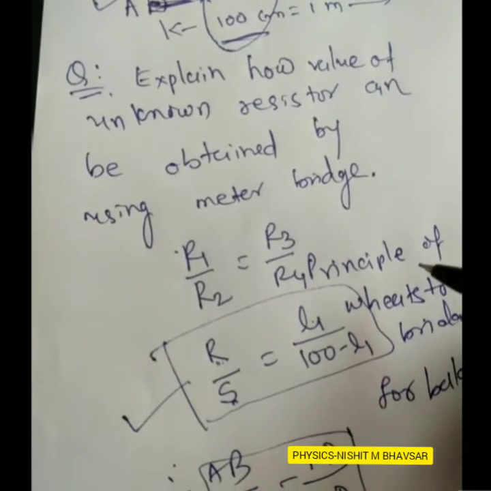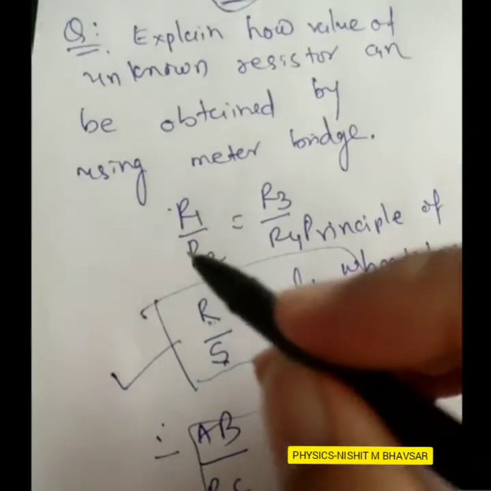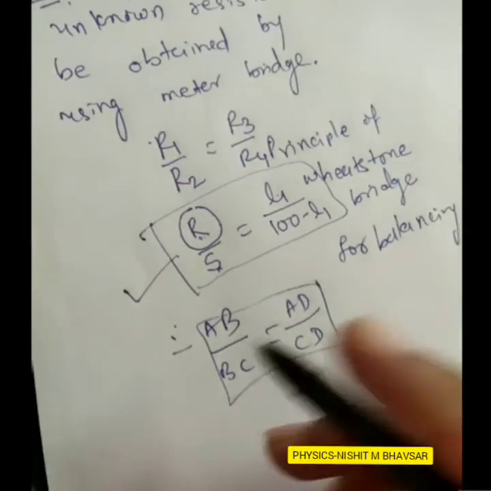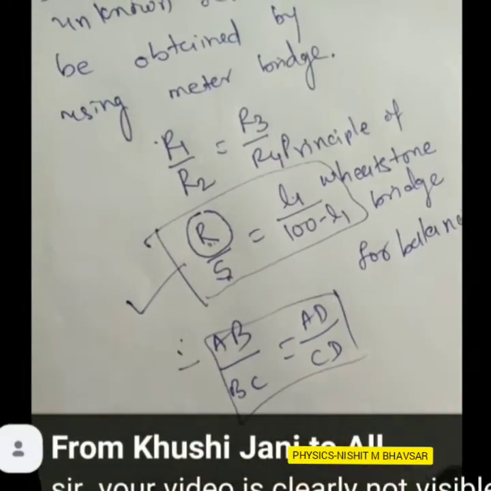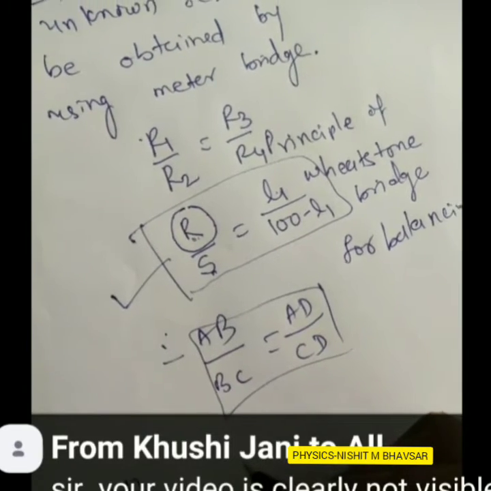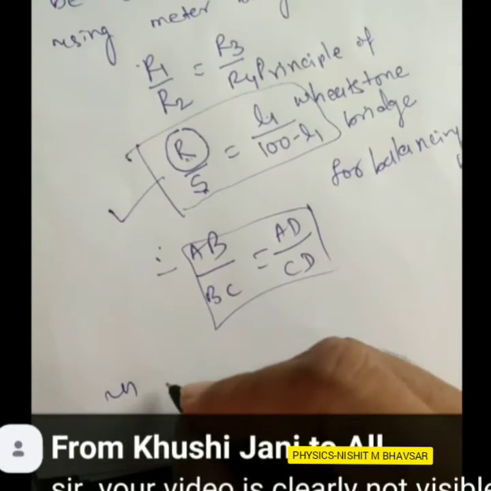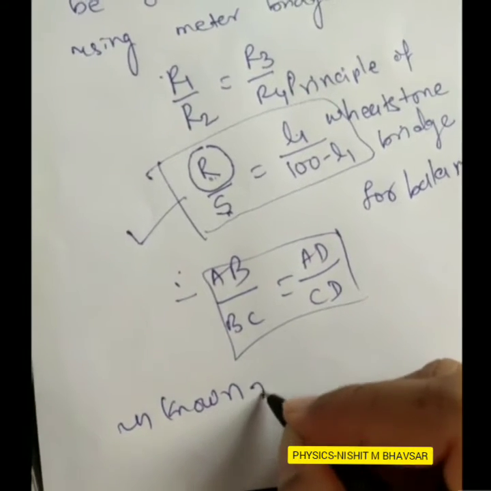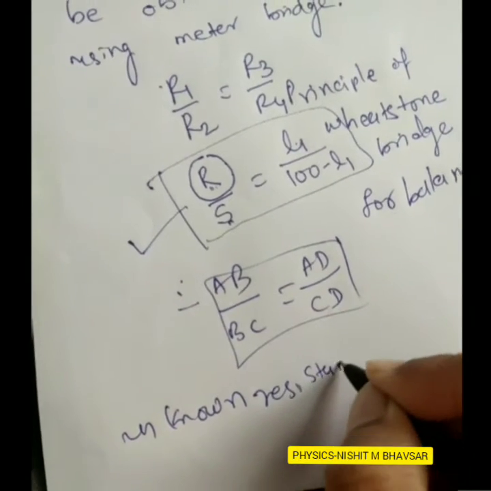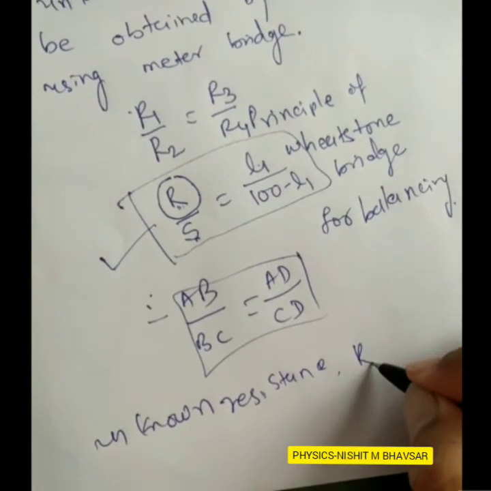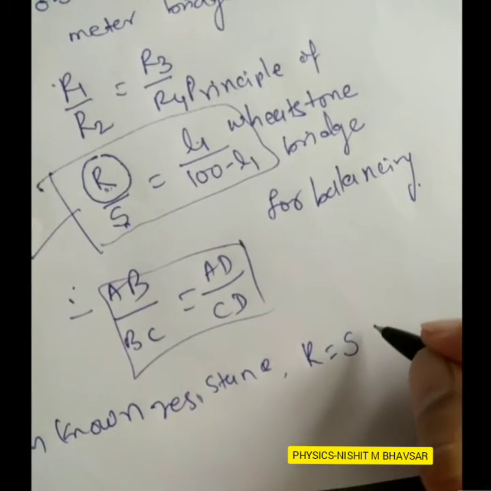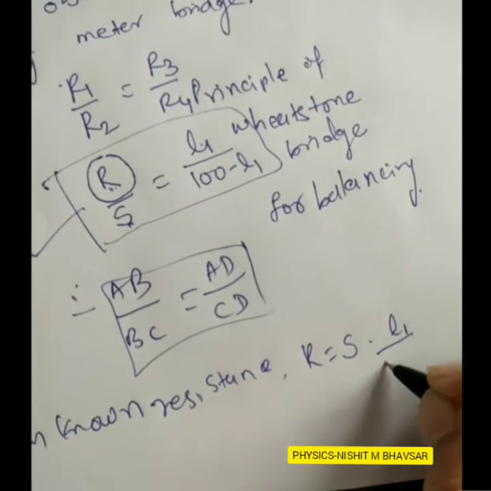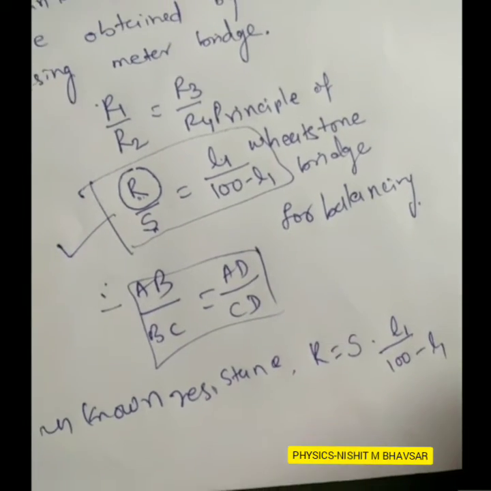Unknown resistance can be obtained. Suppose we have unknown resistance is R. So now the unknown resistance equation: R is equal to S into L1 upon 100 minus L1.